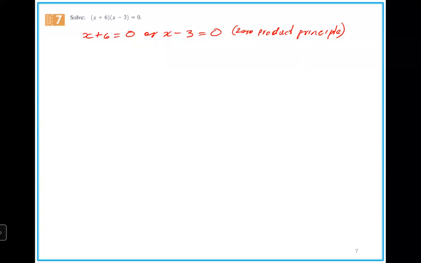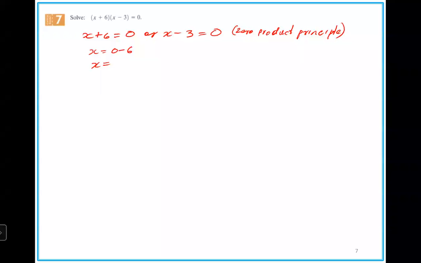So x will be 0? No, x plus 6 is 0. So how would you find x? If x plus 6 is 0, how would you find x? x equals 0 minus 6. So x would be equal to what?